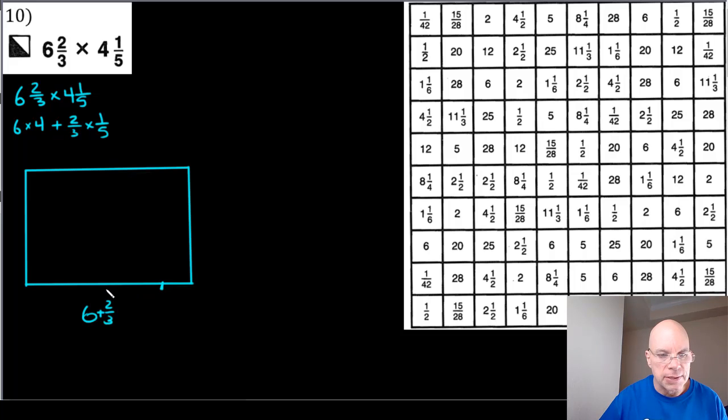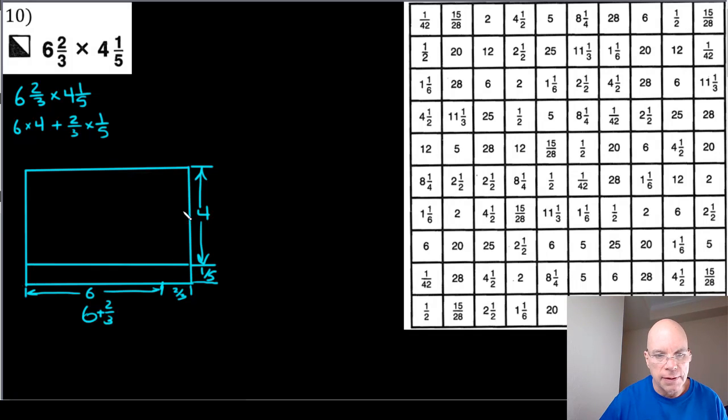So this part might be 6, from here to here might be 6 feet maybe, and this little extra bit might be 2/3 of a foot. There's your 6 2/3. And if we look at the height, from here to here could be 4 feet, this distance, and this little extra piece could be our 1/5.